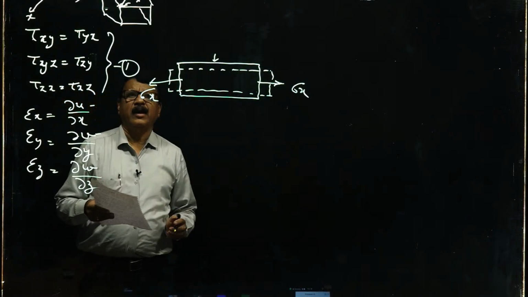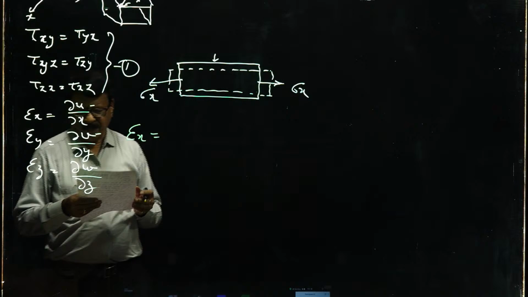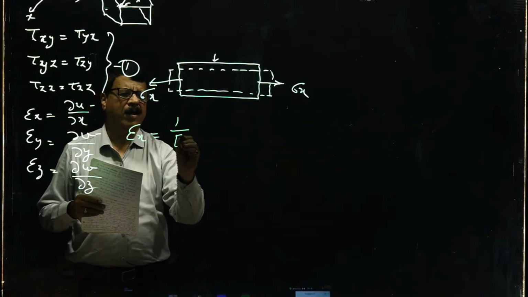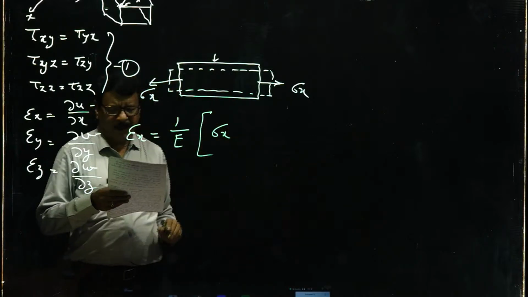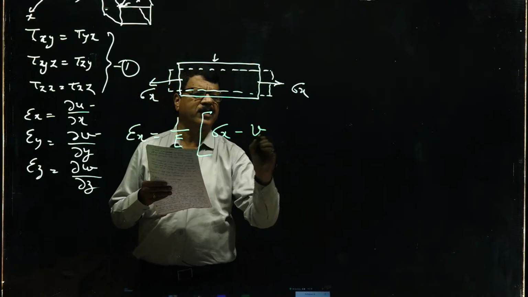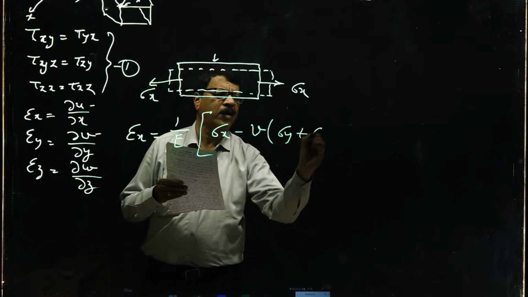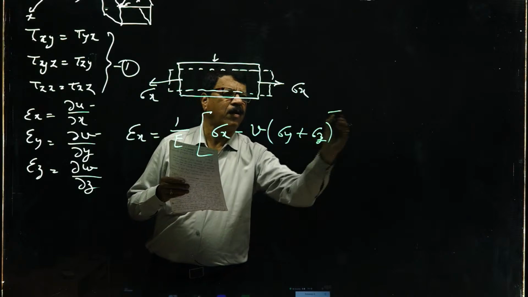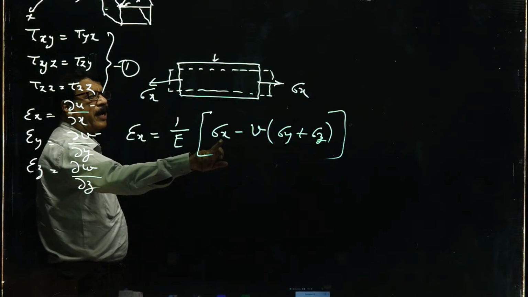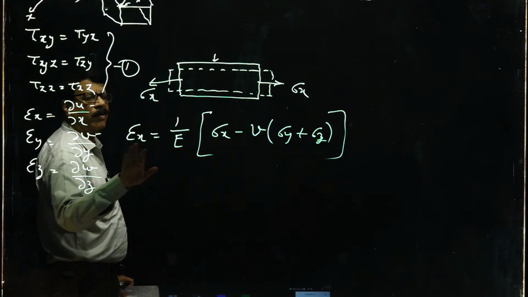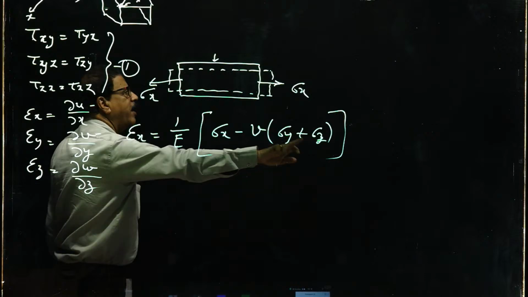So as we studied in the 10th, 11th, 12th, the Hooke's law, the strain in the x direction, if 3 forces are applied, is due to sigma x, and also due to sigma y and sigma z.